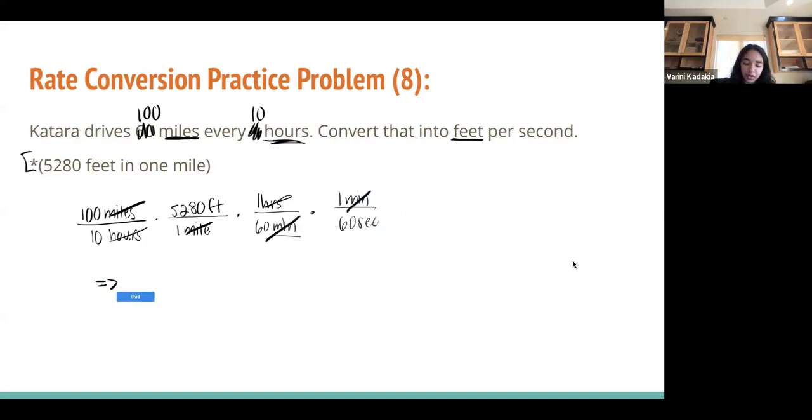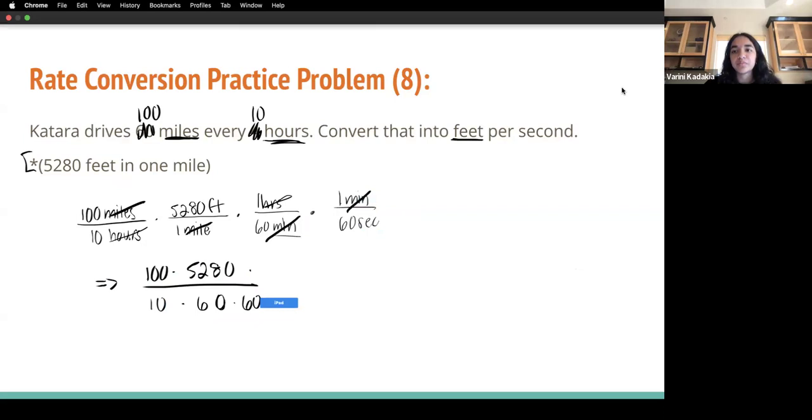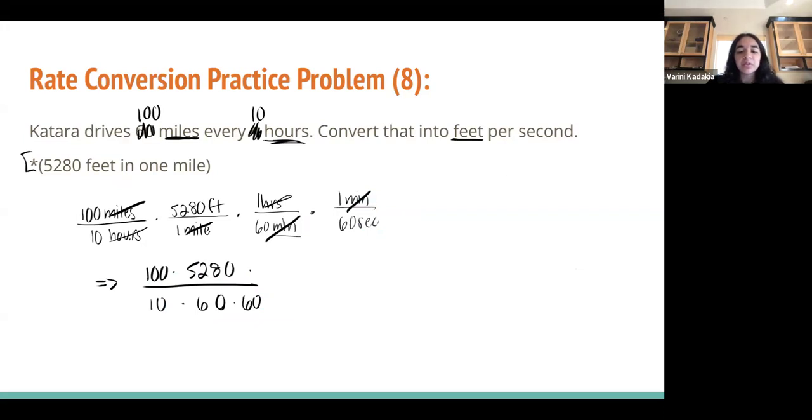You're left with 100 times 5,280, divided by 10 times 60 times 60, right? If we multiply all of this out, 100 times 5,280, divided by 10 times 3,600, we get 14.67 feet per second.